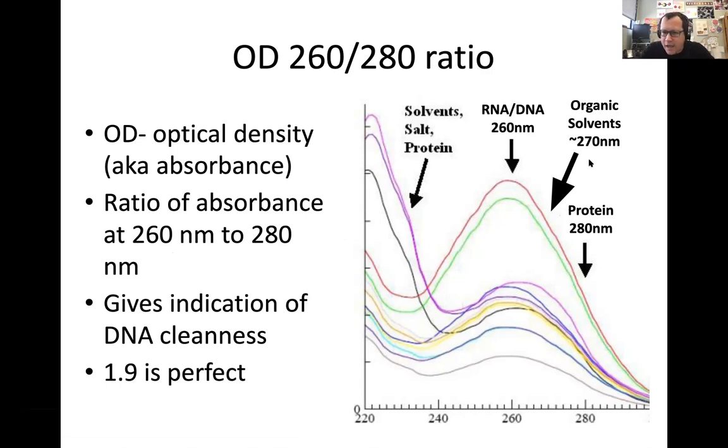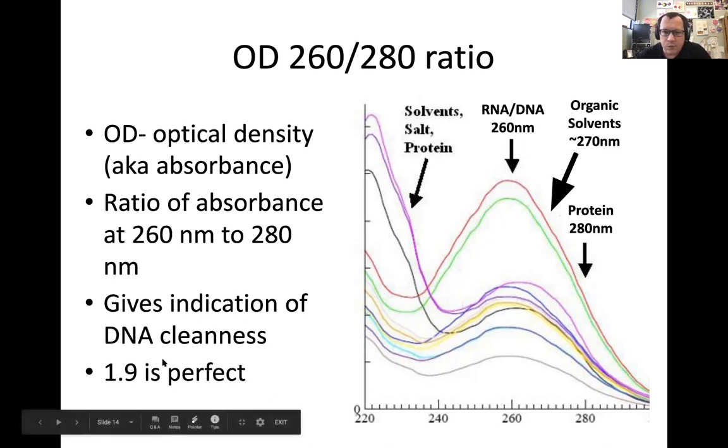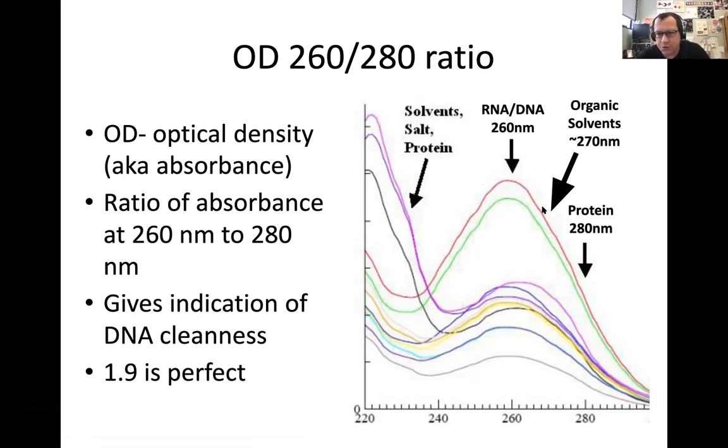We mentioned before that there are proteins that we want the DNA to be separated from. Sometimes you get some contamination. So the lower this ratio, the more contaminated your DNA sample is with protein. We want this ratio to be relatively high. 1.9 is perfect, so close to 2. If this absorbance came out to 2 and this one came out to 1, that's pretty impressive, nice, clean DNA.